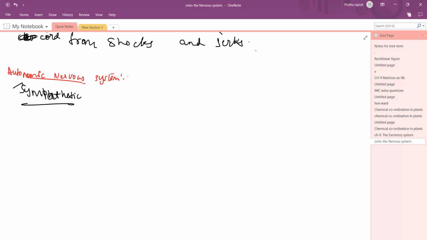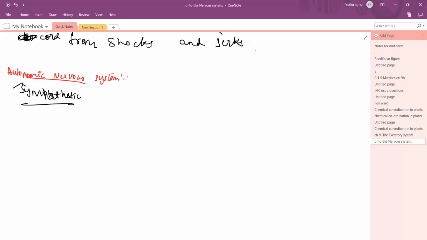It prepares the body for danger and action. What actions occur in the sympathetic nervous system? Let us learn. The first effect of sympathetic nervous system activation is that the pupils dilate, become bigger.